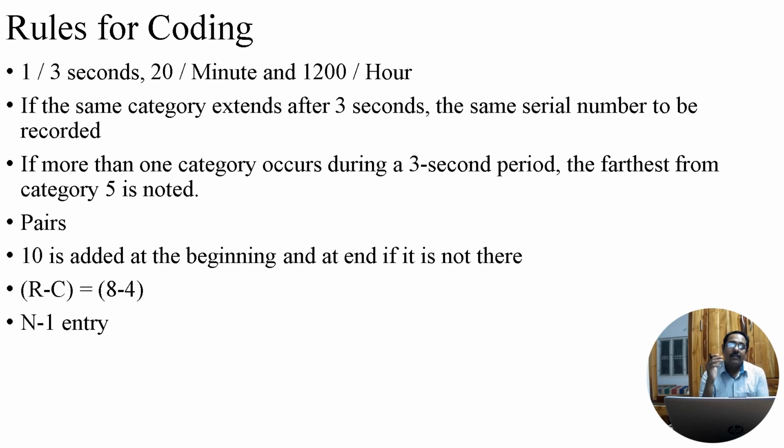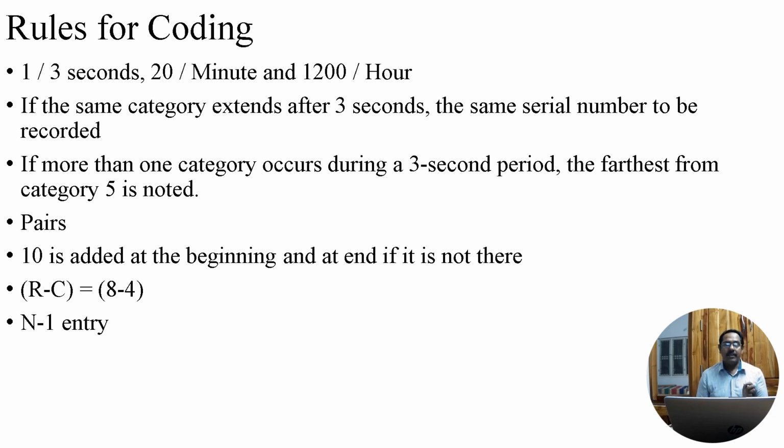Then the codes are taken in pairs and we go for a matrix. I will show it in the next slide also. If there is no 10, we have to add 10 at the beginning and also at the end if 10 is not there at both ends.